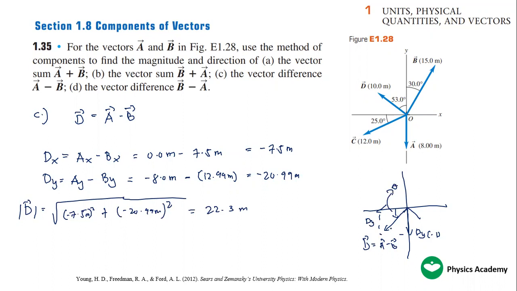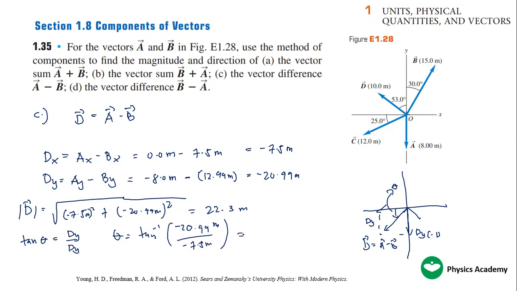Okay. So if you want to find the angle theta, the opposite of the angle is dy, and the adjacent is dx. So the tangent of theta is equal to the opposite over the adjacent, or theta is just equal to tangent inverse of dy, which is negative 20.99 meters, over negative 7.5 meters.